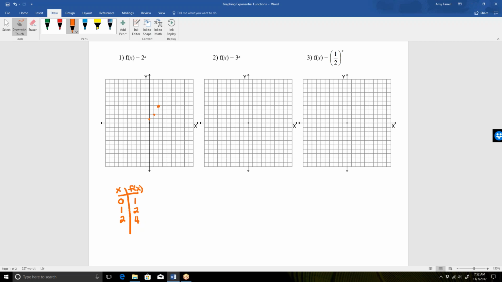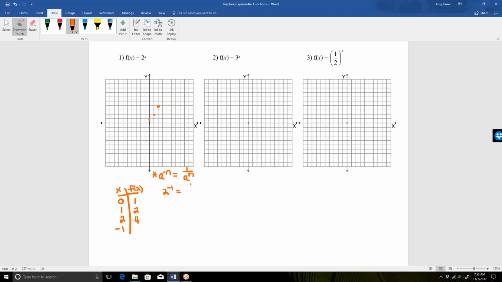Okay. Now I'll plug in some negative values, like -1. I'm going to show my work over here. 2 to the negative first power is not a negative number. Okay, we saw this probably one of the very first days of class, that I'll write it up here. a to the negative n power is 1 over a to the nth.